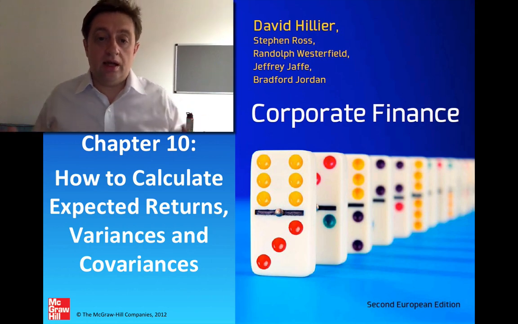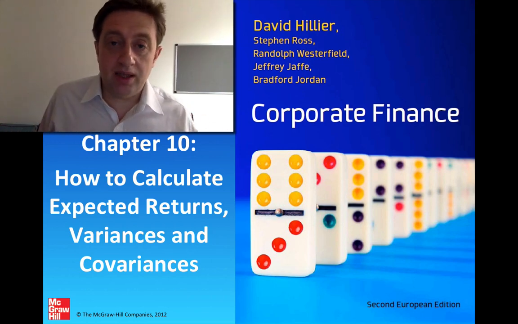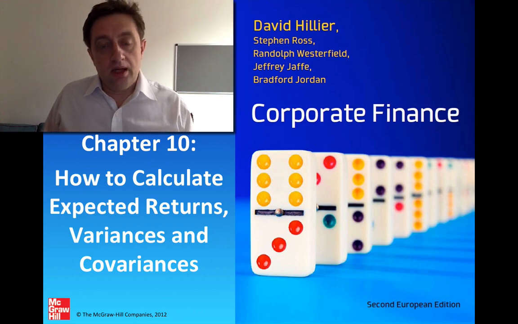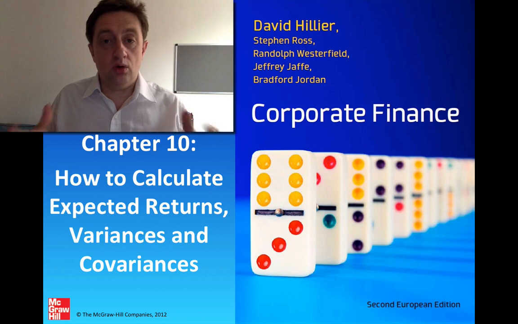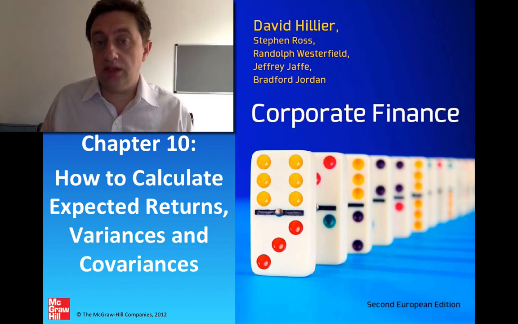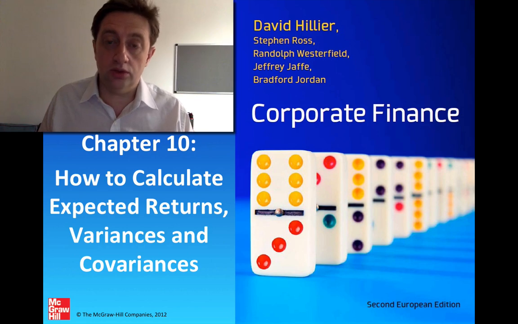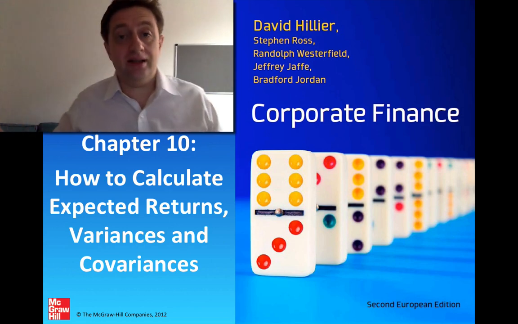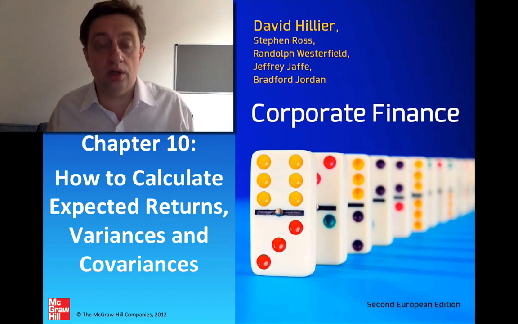Now, why would you want to have an expected return or a variance or a covariance? Because as a financial manager, you're really interested in the cost of raising money. And you might be wanting to raise equity, that is, give up some ownership of your company, or you might want to raise debt, which is take a loan out or to issue a bond.